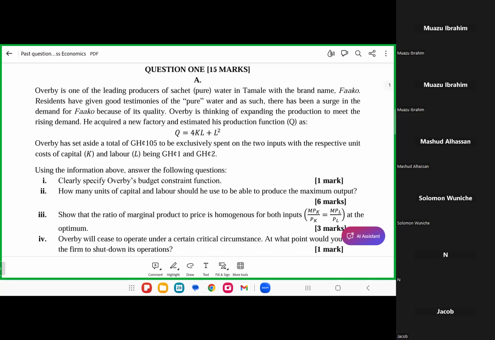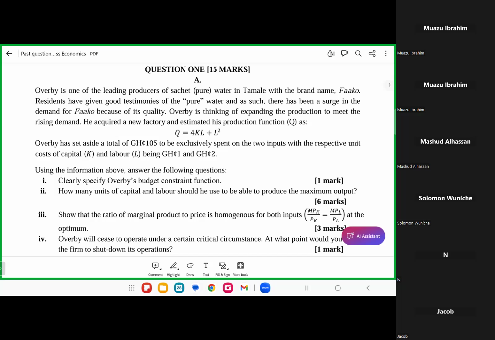So let's look at this question. It's saying Overby is one of the leading producers of sachet water in Tamale with the brand name Falco. Residents have given good testimonies of the pure water. And as such, there has been a surge in the demand for Falco because of its quality.